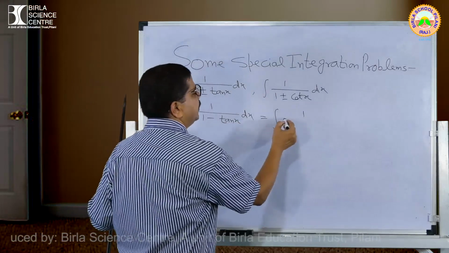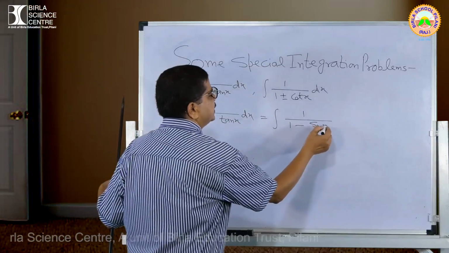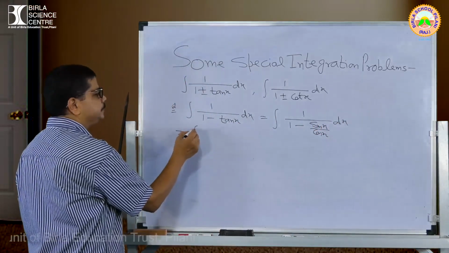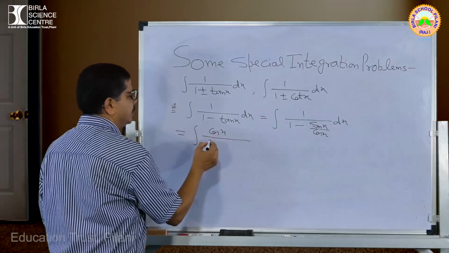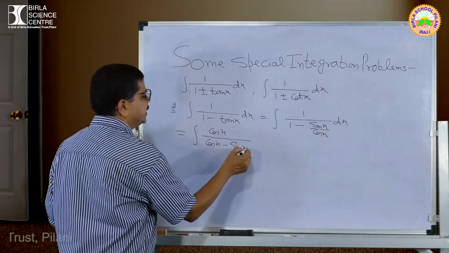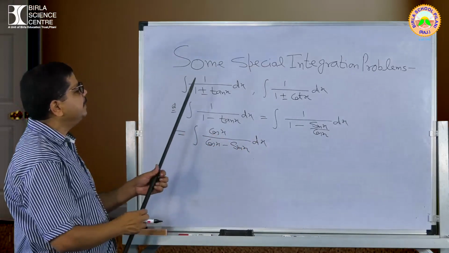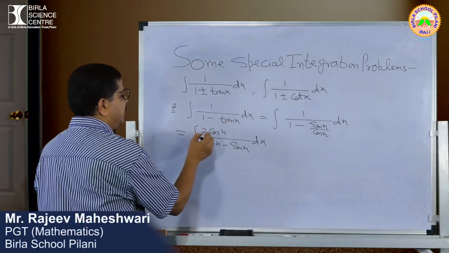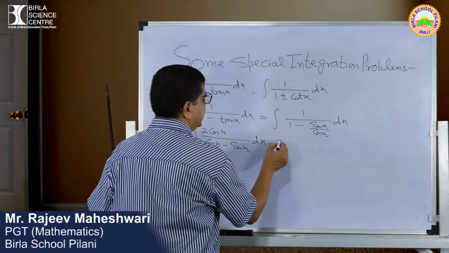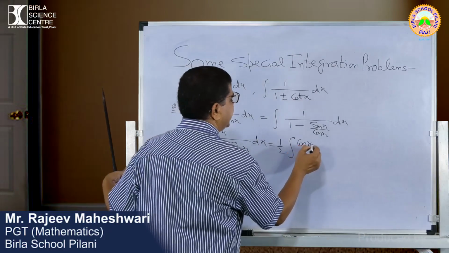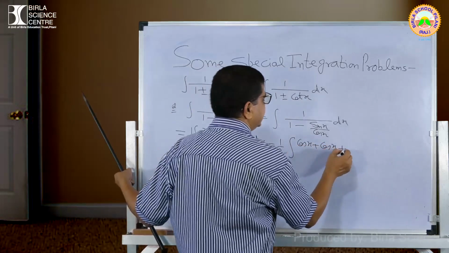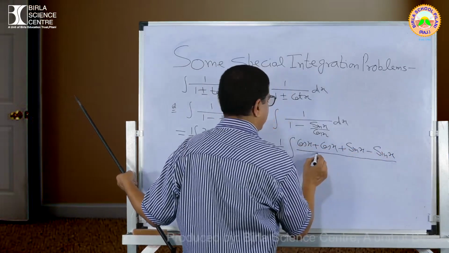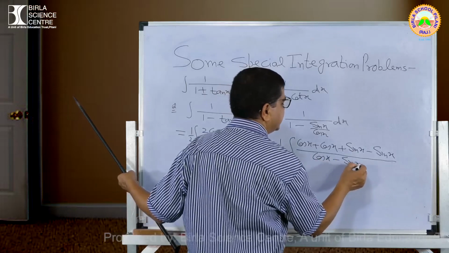That we will write 1 upon 1 minus sin x upon cos x, and that becomes cos x upon cos x minus sin x. The procedure will remain the same if it is 1 plus tan x or 1 plus cot x, 1 minus cot x. Multiply by 2, divide by 2. So it takes the form half of cos x plus cos x, adding sin x and subtracting sin x, divide by cos x minus sin x.